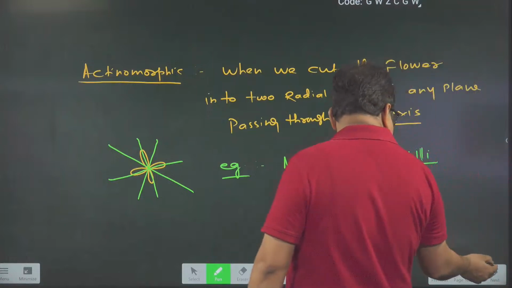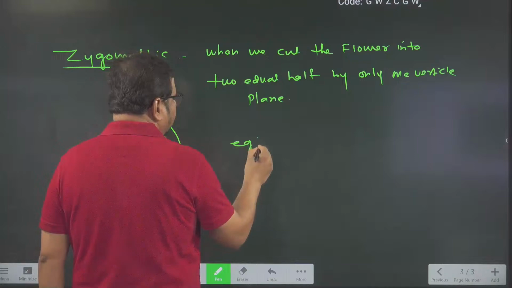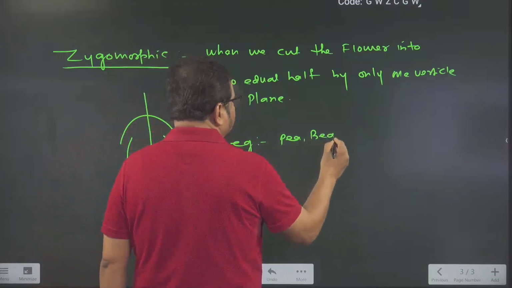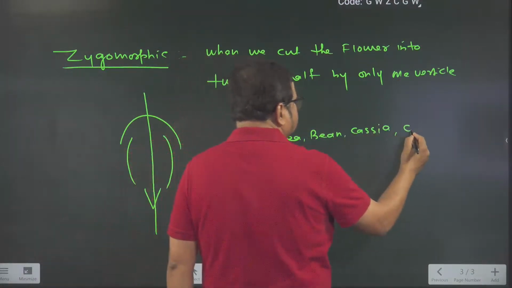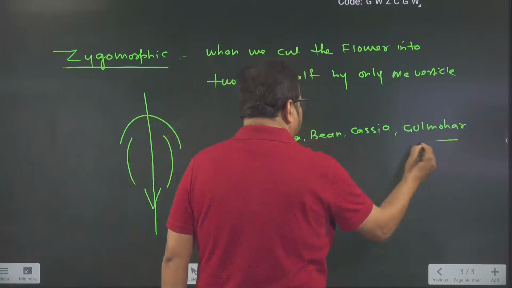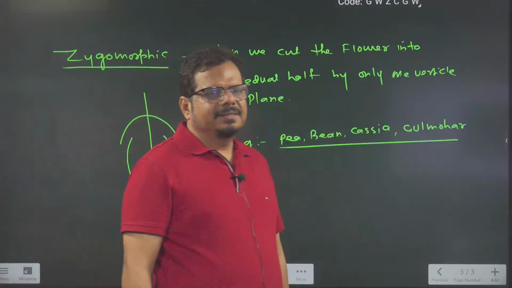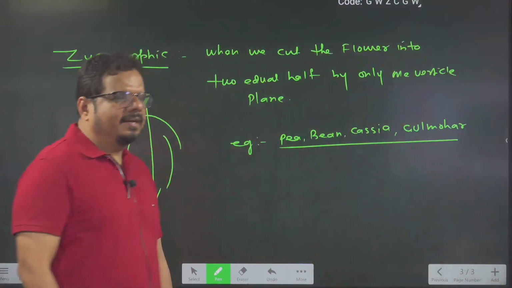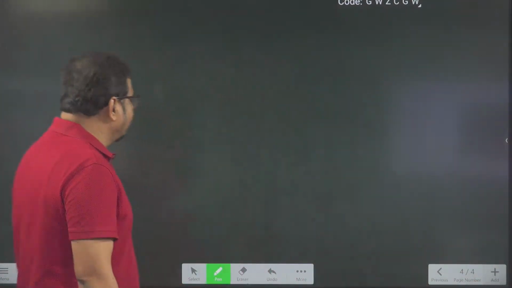Now we are coming to the example of zygomorphic flower. Pea, bean, cassia, gulmohar. Pea, bean, cassia, gulmohar are zygomorphic. So actinomorphic: mustard, dhatura, chili; zygomorphic: pea, bean, cassia and gulmohar. Well done. Now we are going to talk about asymmetric flower.